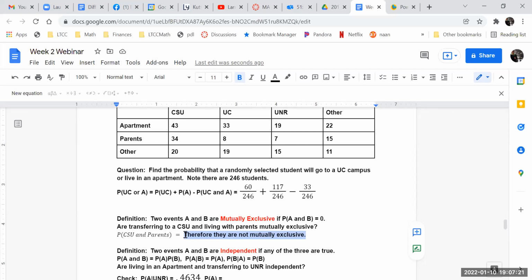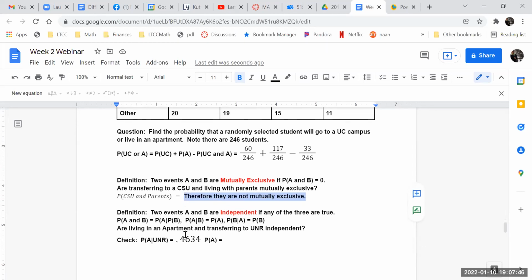What's the probability of being born in California and being born in Nevada? 0. You can't be born in both states. Doesn't make any sense, right? You're born in one of those places, maybe, but you can't be born in both. Does that make sense? So mutually exclusive means they can't simultaneously happen. It's a pretty easy idea.